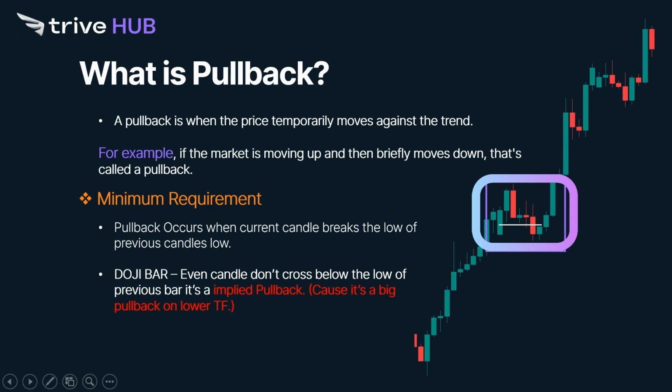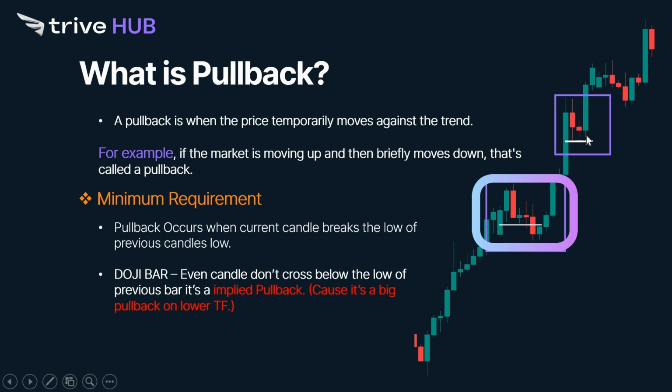Whereas when a doji bar forms, even if it does not cross below the low of the previous bar, it is called an implied pullback, because it is a big pullback on the lower time frame. If you see this doji candle on a smaller time frame, you will see that the previous candle's low has been broken and it might look like a triangle on the short-term time frame.